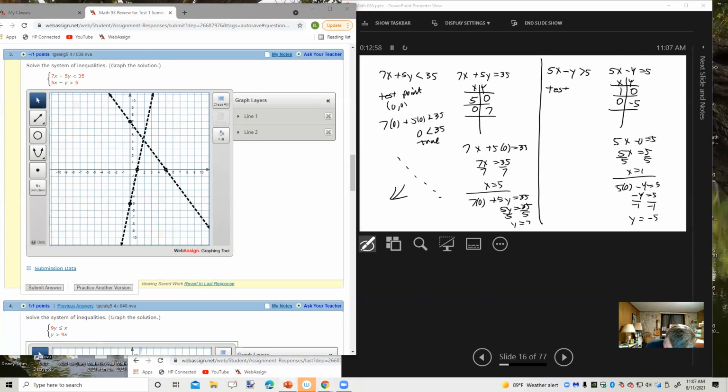So test point 0, 0: 5 times 0 minus 0 greater than 5, 0 greater than 5. That is not true. So instead of it being over here, it would be on the other side, so it would be basically over here.